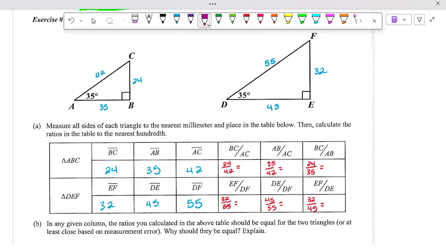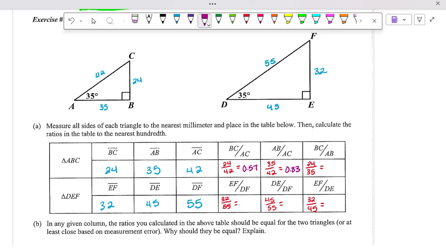All right, what'd you guys get for 24 over 42? So as a decimal, 0.57. Sorry, my ears are all stuffy, so you may have said that, but I just did not hear. All right, 35 over 42. 0.83. Is it 80 or 83? 83, okay.